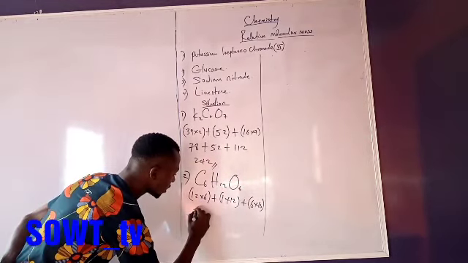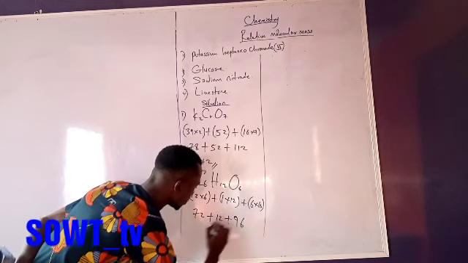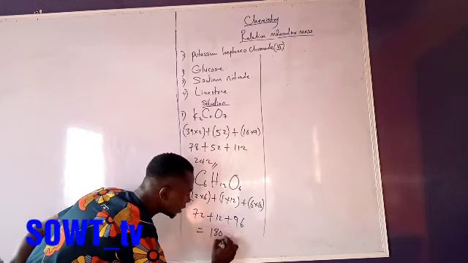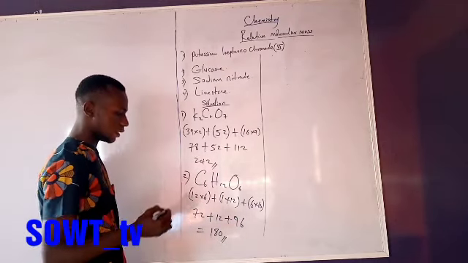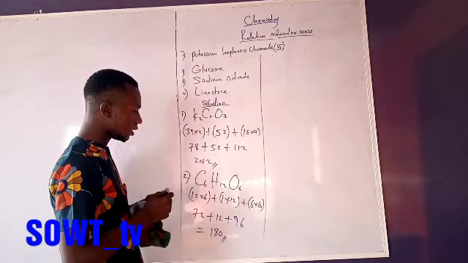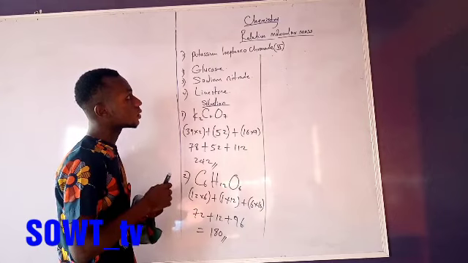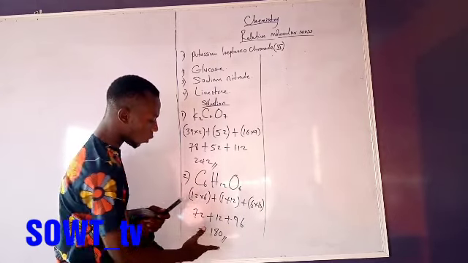This will give us 72 plus 12 plus 96. Altogether is 180. That is the relative molecular mass of glucose.